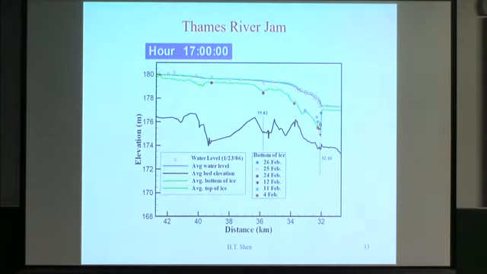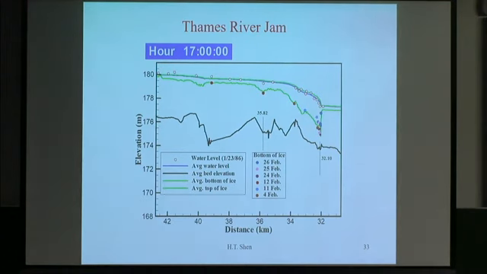So, talk about validation. Besides being able to determine when and where the jam will initiate, how do we know our profile is right? Before we had any field data, what we did was check the water level along the channel. There's a record on that, and we see if it matches.